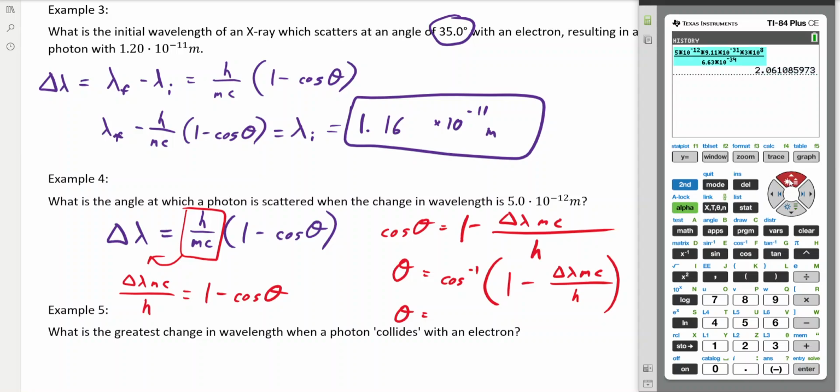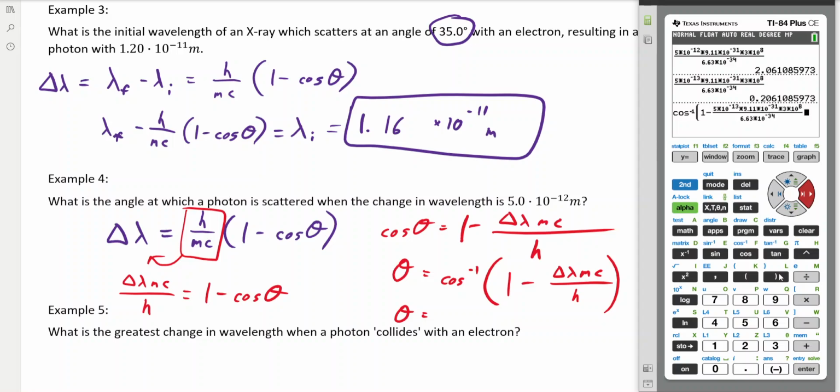So what if we change this to be times 10 to the negative 13. There you go, that'll work. Okay, so this is going to be kind of annoying, but I think we can get there. We're going to just change that. It's going to be cos negative 1 of 1 minus, so the formula is all still correct.